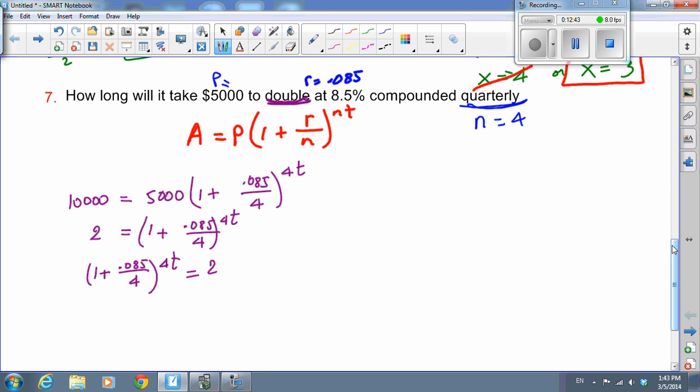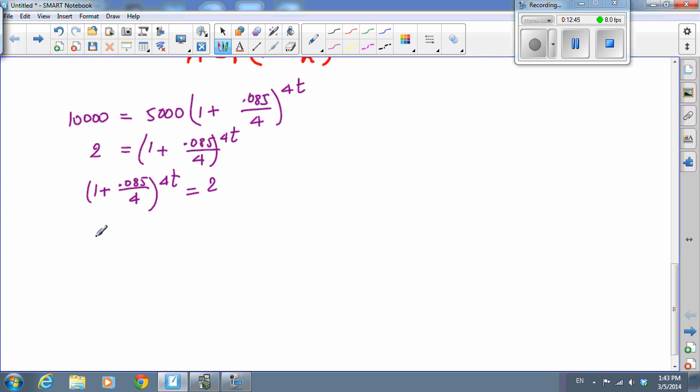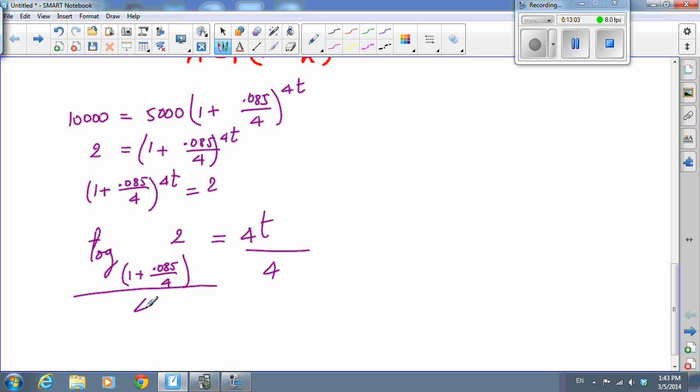From this, you can easily see that this is log base (1 plus 0.085 over 4) of 2 is equal to 4t. So divide both sides by 4 to get your value of t.